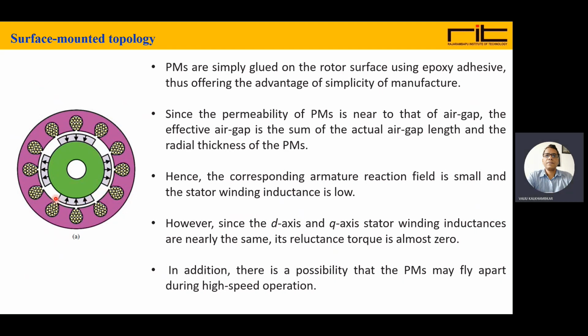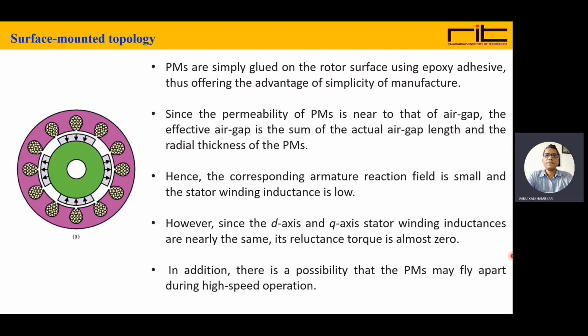Now we can see the magnets are mounted on the surface. And these permanent magnets are simply glued on the rotor surface using epoxy adhesive and offering the advantage of simplicity of manufacture. So the manufacturing is very simple, just to place the magnets.